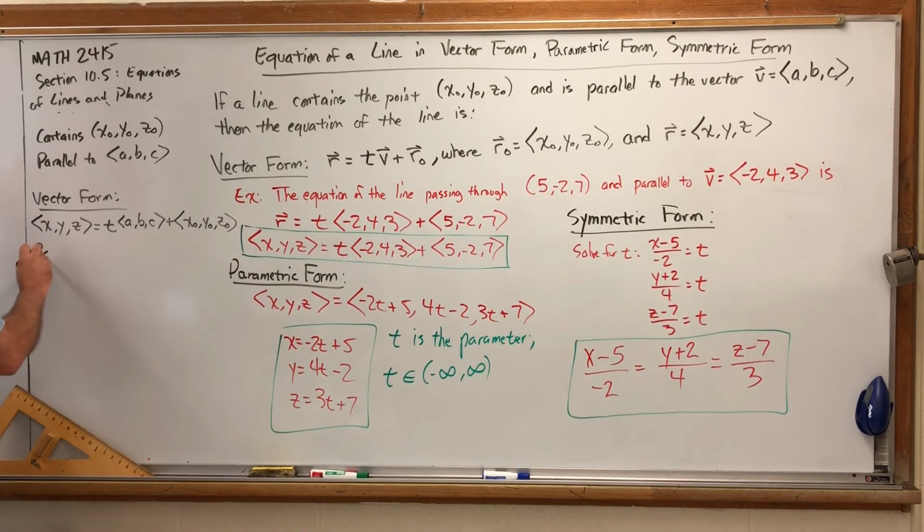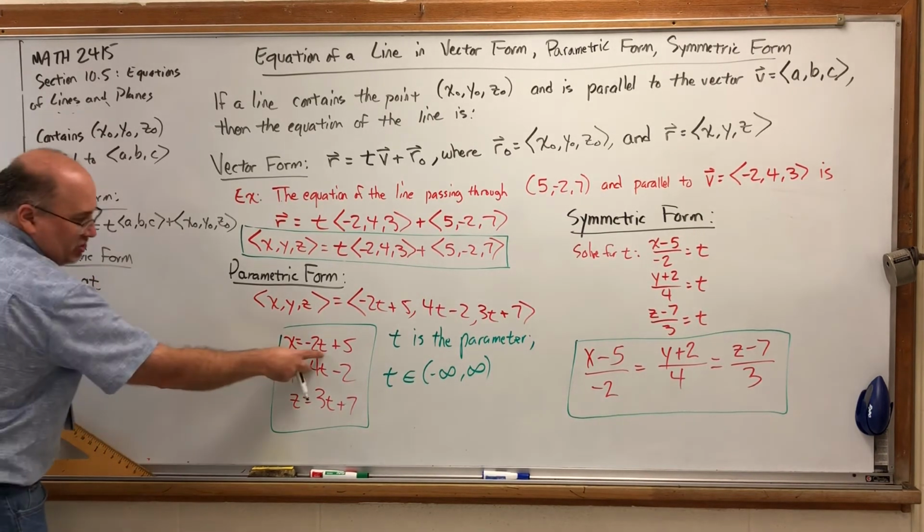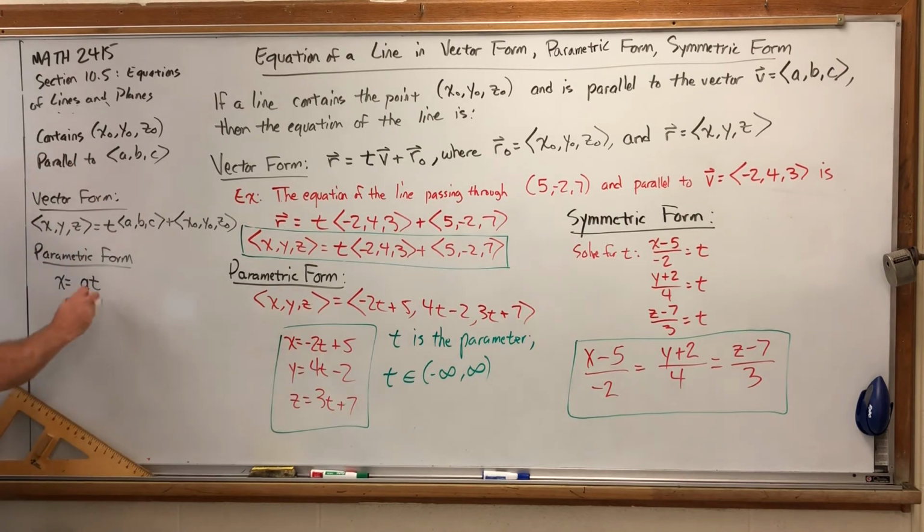For parametric form, remember, parametric form is where you basically condense the right side of vector form into a single vector and then just equate components. Parametric form would be x equals, we'll say at, because t being the variable actually shows up after the constant. So at plus x naught, y is equal to bt plus y naught, and z is equal to ct plus z naught.